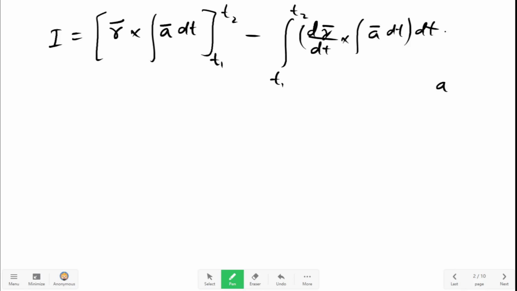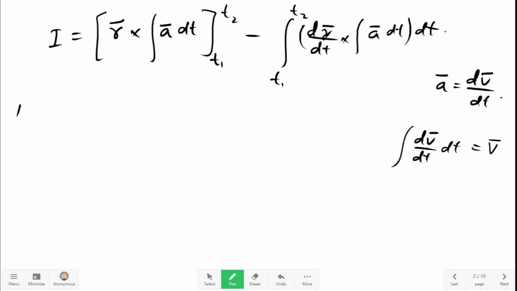Now we know that a, acceleration, is equal to derivative of velocity with the time, and also integral of dv by dt times dt is equal to v.